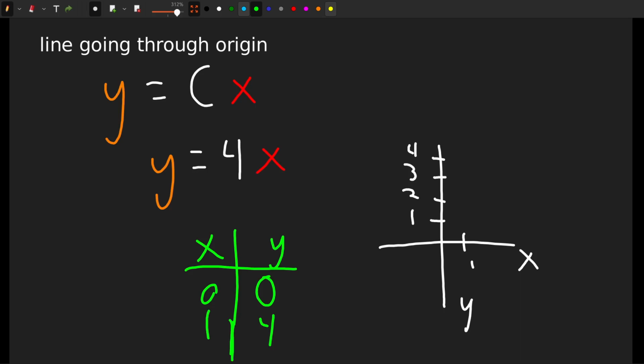Now you can continue this process to get more points, but just for simplicity, I'm just going to use 2 points here. And my line will look something like this. So I'm going to have 1 point at 0, 0, which is known as the origin. And then my other point will be up 4 over 1, right around here somewhere. And if I draw a line connecting them, there is my line through the origin.